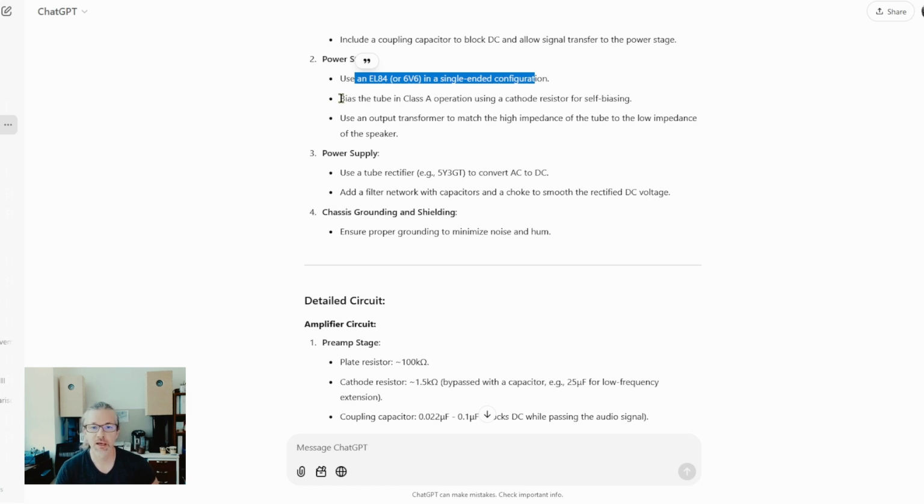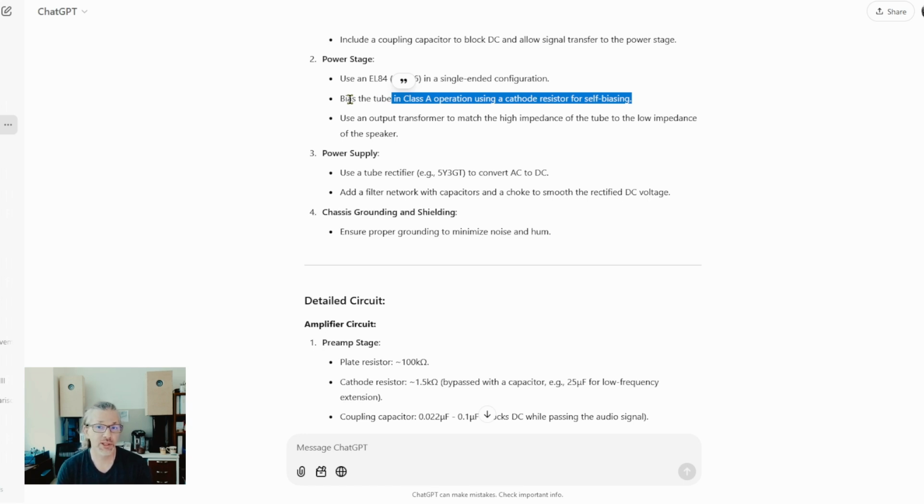Very nice. Bias the tube in Class A operation using cathode resistor for self-biasing, and that's very nice. And this is the simpler way of creating the bias for the tube with a cathode resistor. This is self-biasing, another name for that. And here we need only a single resistor to self-bias the tube, and we can bypass it with a capacitor.